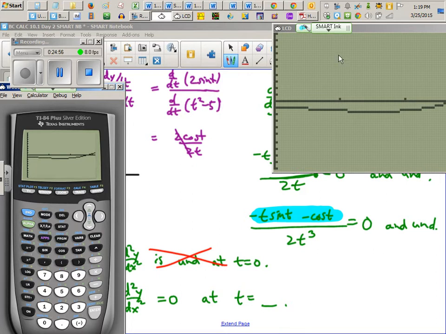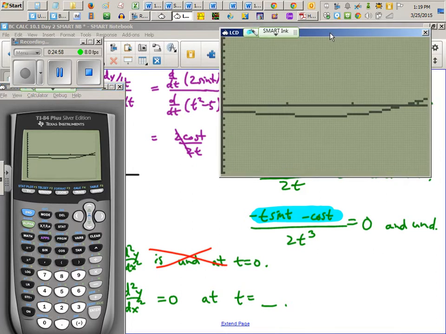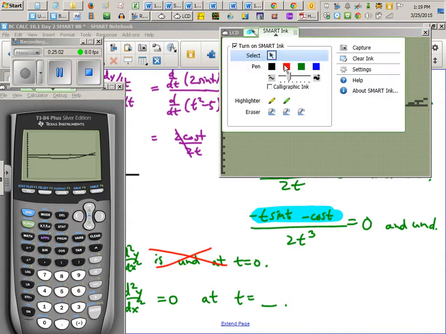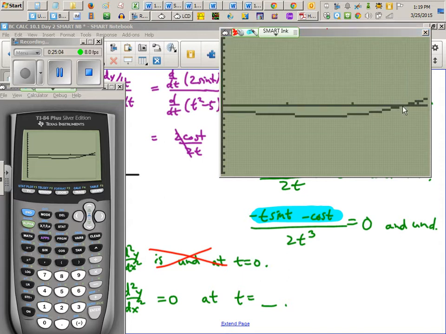Ooh, did that ever reach 0? Ah, yes, it did. Right here. Mine graphed for a while, and then once it passed this, it just showed the syntax. Really?